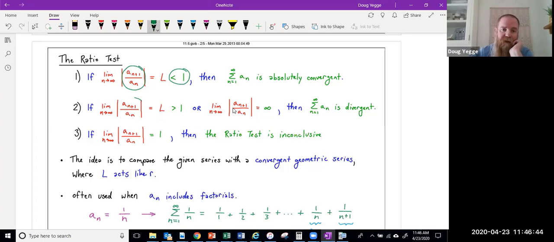But if you see that a sub n plus 1 over a sub n is greater than 1, then that means the next term is larger than the prior term, which must mean that it diverges. In other words, this right here implies that a sub n is decreasing.